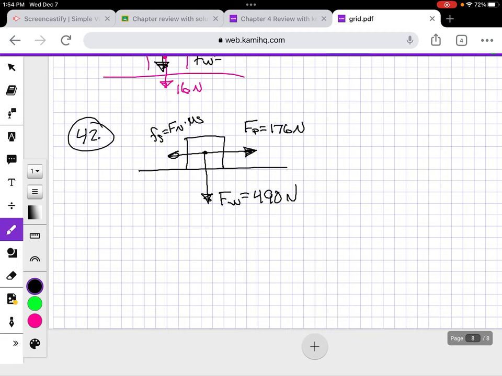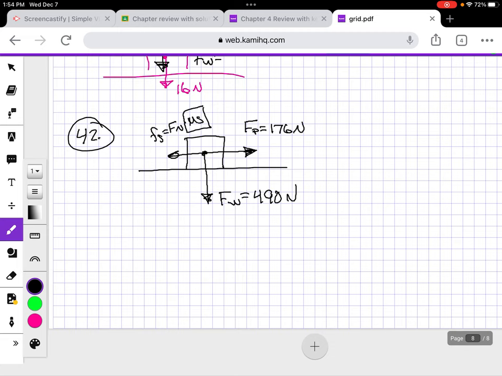Let's read it again. Sliding it from rest, pulling it horizontally. What is the coefficient of static friction between the floor and the scenery? Oh, they said static. So what that means is at the point where the force pull is equal to the friction, that is the moment you're overcoming it.